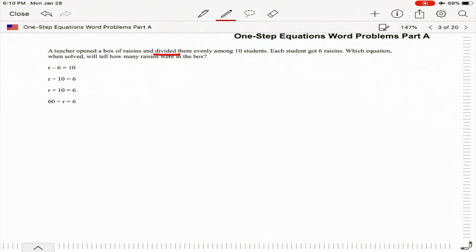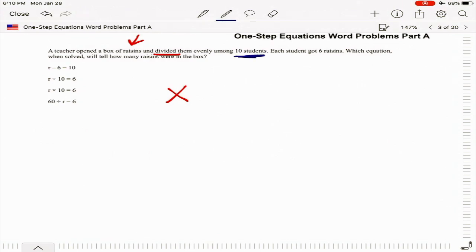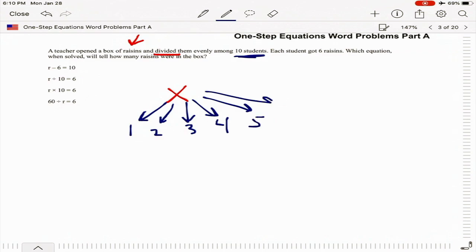So once again, you don't know how many raisins the teacher started off with, right? So in math, if you don't know something, you give it a variable. So we're giving it x. But then the teacher divided that amongst 10 students. So, student 1, student 2, student 3, student 4, student 5, student 6, student 7, 8, 9, and 10.